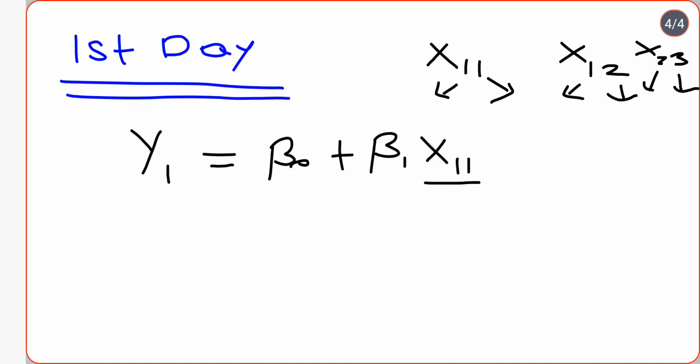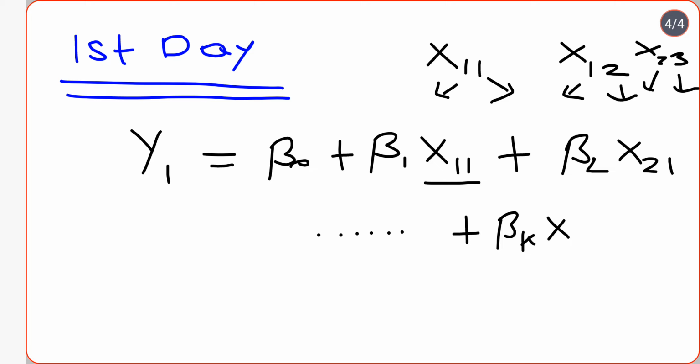So basically beta 1 x11 means x11 here is the price of the potato on the first day, and beta 2 x21 is basically the price of the onion on the first day, and the last one is beta k xk1. There are some other variables which we haven't mentioned in the equation.